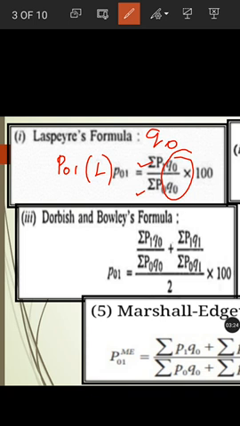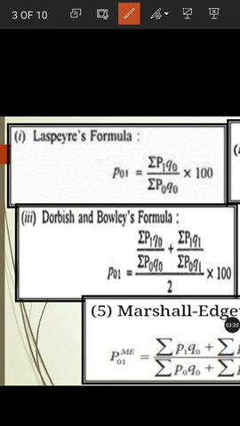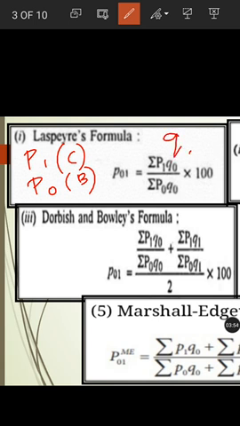That is base year quantity. When taking the price, we take both prices: P1, the current year price, as well as P0, the base year price. In terms of quantity, according to Laspeyres' formula, we take only the base year quantity into account, and with that we calculate the problem.